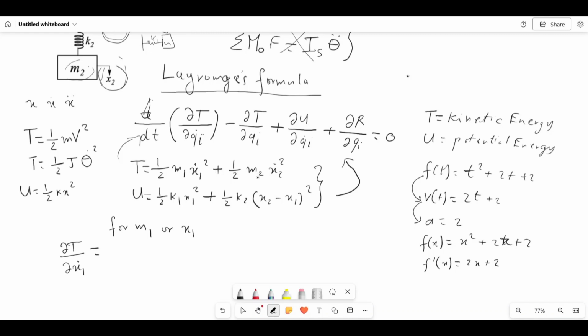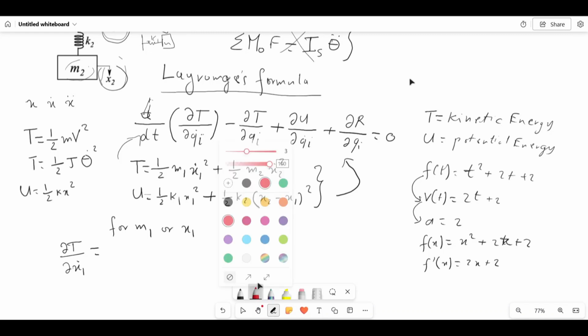I do remember in math, I think Math 4, we did partial derivatives. I hope you guys remember. When do we have partial derivatives? When we have different variables. If you look at the kinetic energy here, this is the rule about partial derivatives. If I'm differentiating in terms of x1 dot here, whatever is not x1 dot is considered a constant.